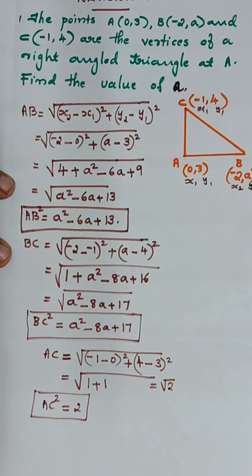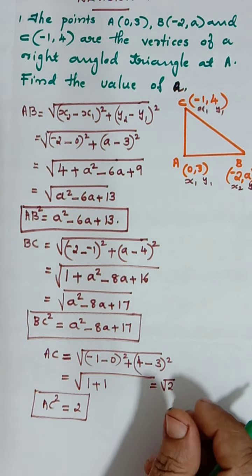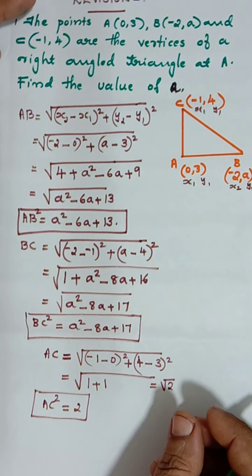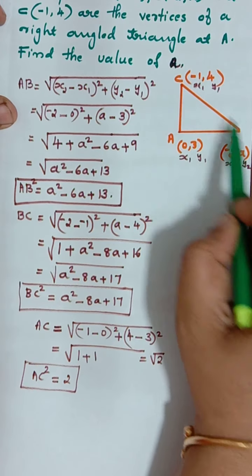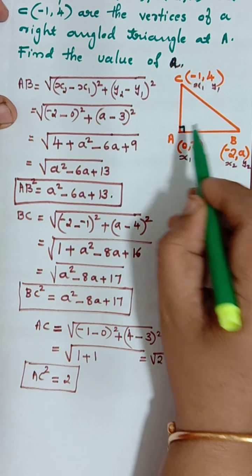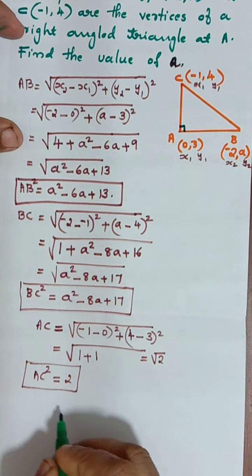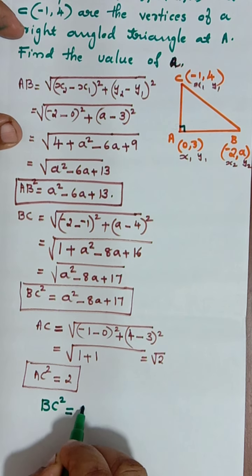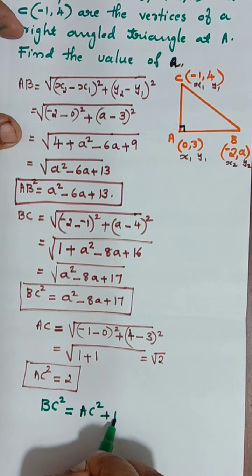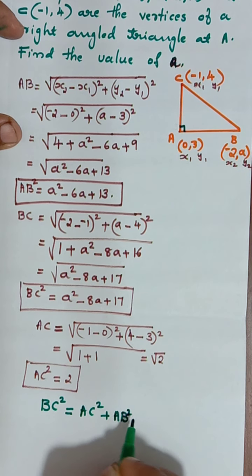Now since it is right angled at A, how do we write that? You can see the figure. In the figure, the hypotenuse is always the side opposite the right angle, BC. So BC square is equal to AC square plus AB square.